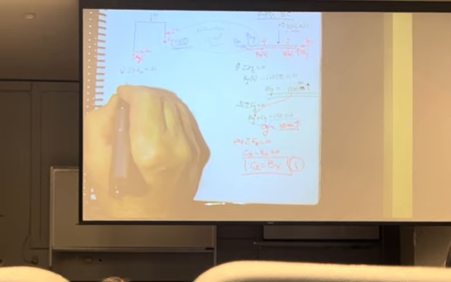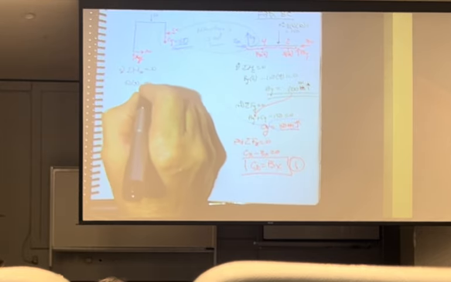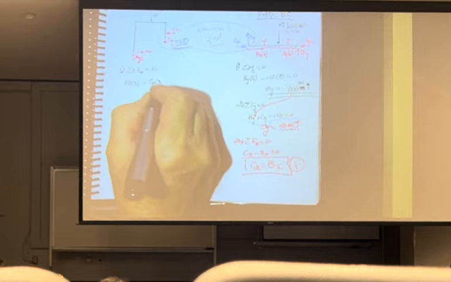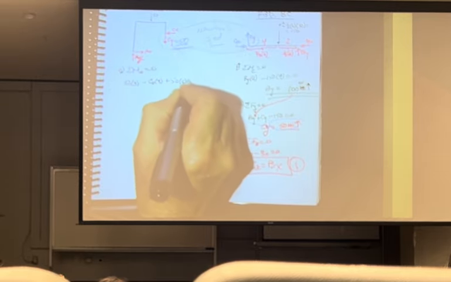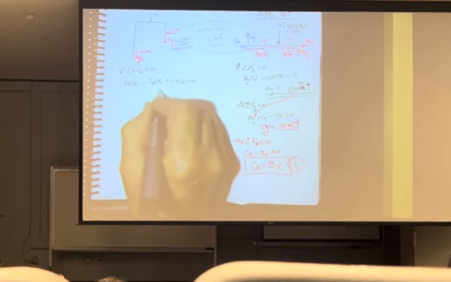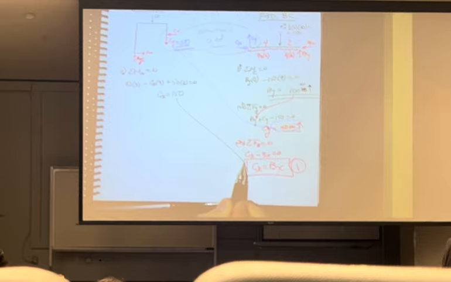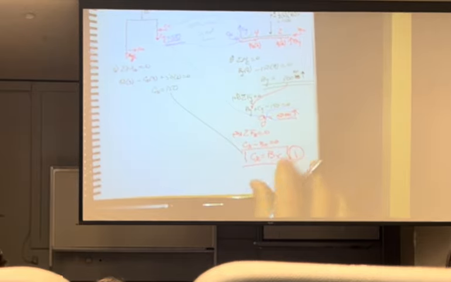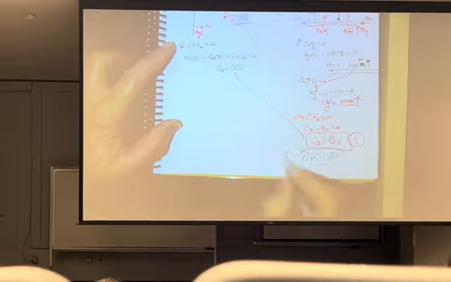That says 50 times 3 minus Cx times 3 plus 50 times 6 equals 0. Voila, Cx comes out 150. But now I take that back here, which tells me Bx is equal to 150.